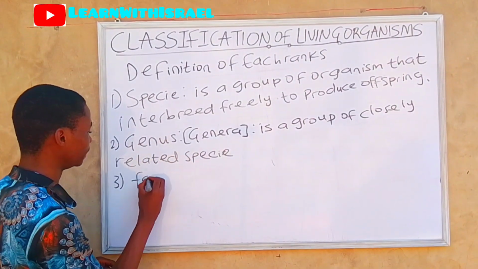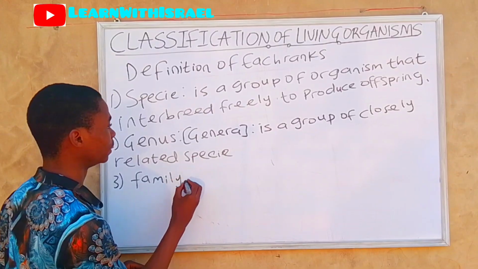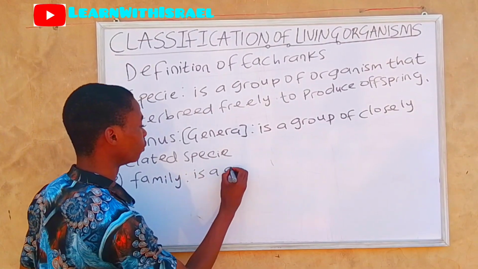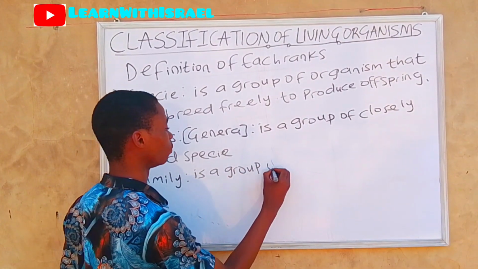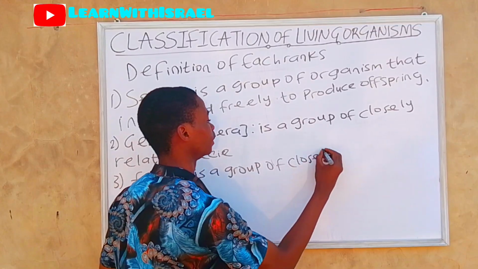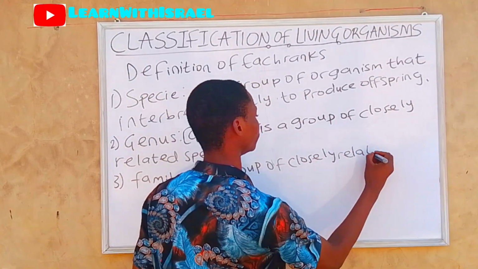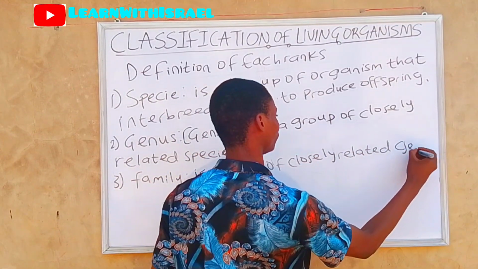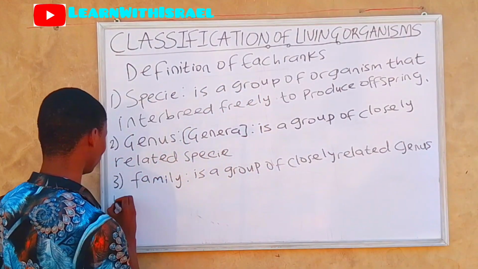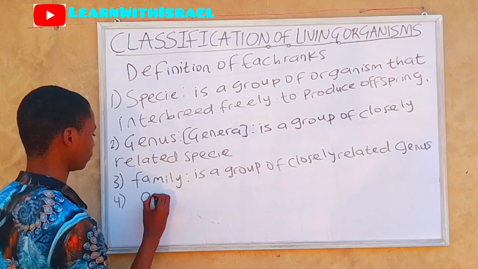So the next one is family. Family is a group of closely related genera. The next one, order.